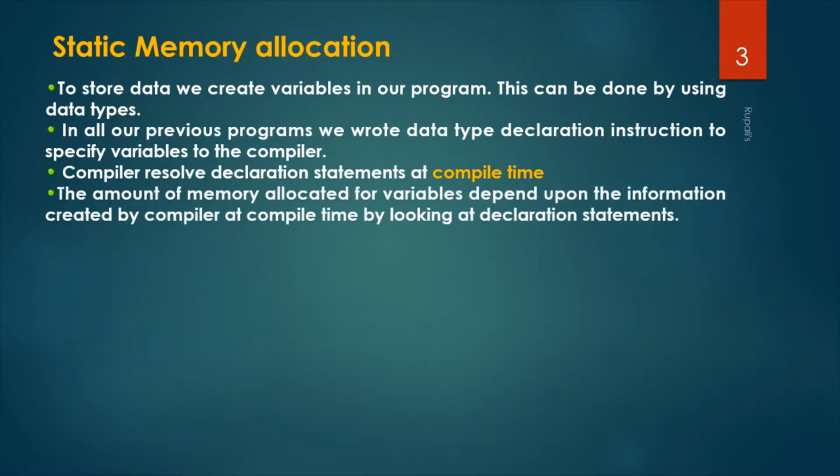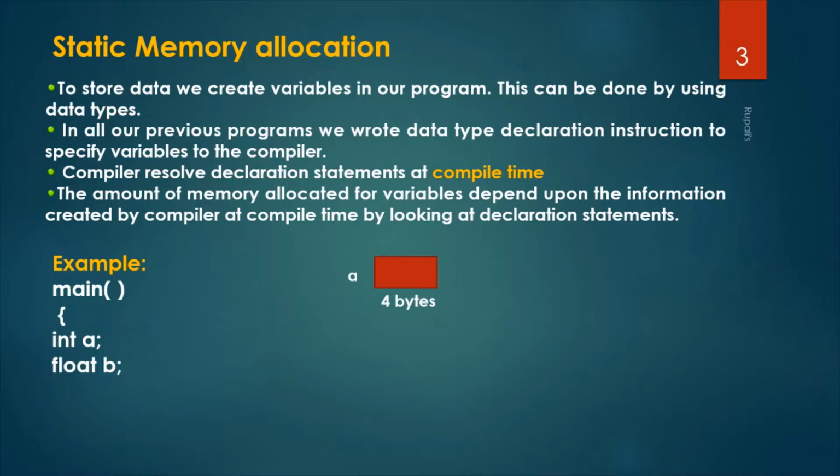The amount of memory allocated for variables depends upon the information created by the compiler at compile time by looking at the declaration statement. So for this program, int a means the compiler allocates at the time of compilation 4 bytes for the a variable.